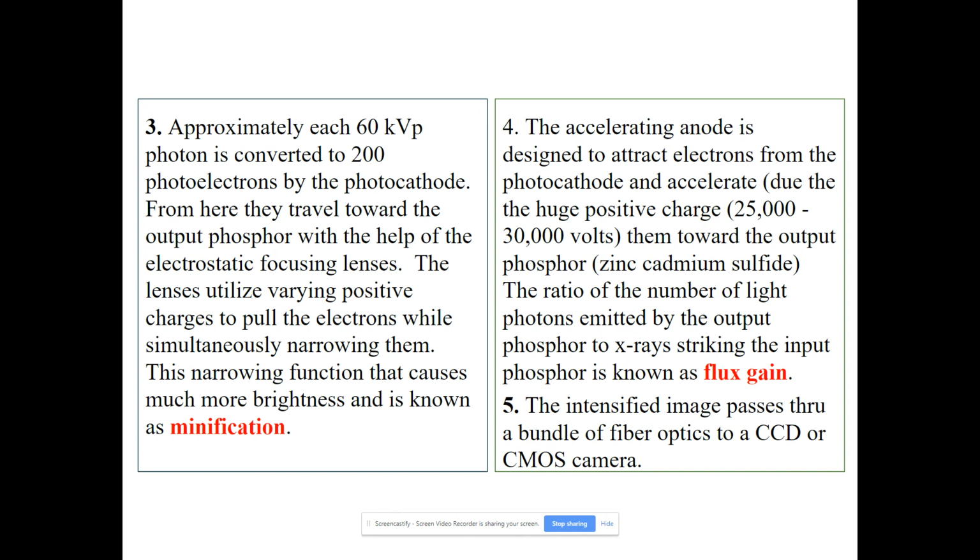So, based on what I said, there's more than one way brightness is created. Brightness is going to be created from two different processes happening. One is magnification that we just discussed, but the other, which is known as flux gain, is simply based on the fact that we start with an input phosphor that is very large in comparison.